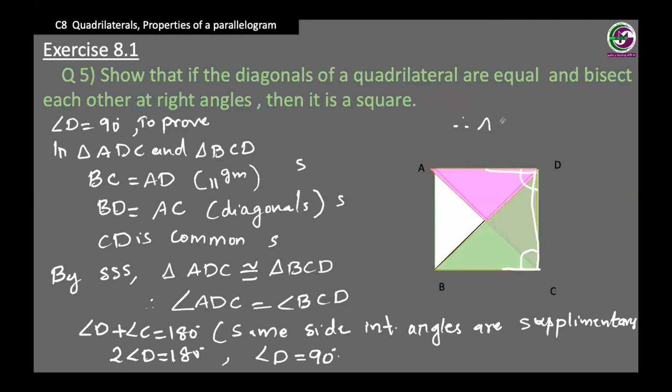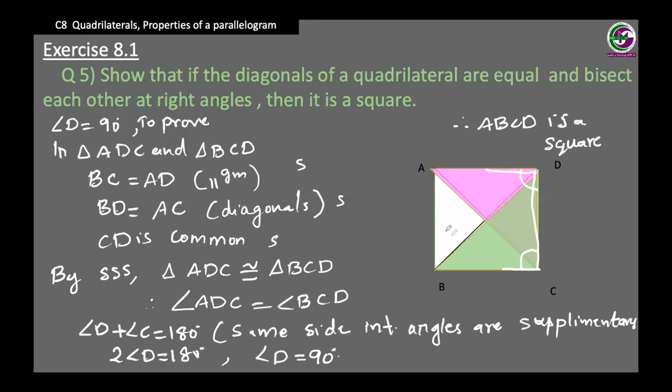Therefore, ABCD is a square. Once again, a quick review. To show that a quadrilateral is a square, we have to consider three parts. First one is to show that ABCD is a parallelogram. Because the diagonals are equal and they are bisected, it is easy to show that it is a parallelogram by considering two opposite triangles.